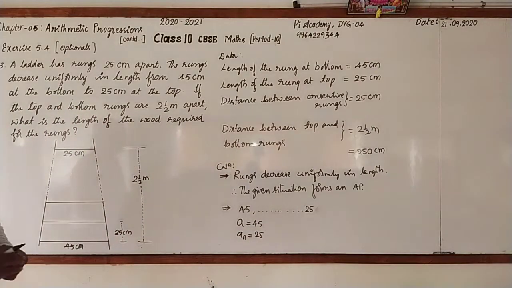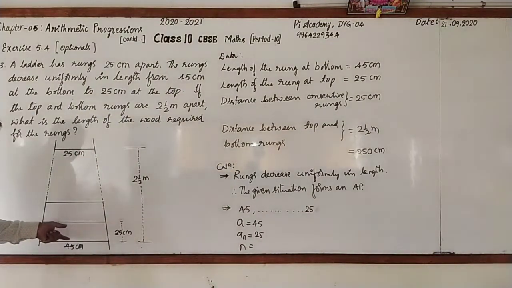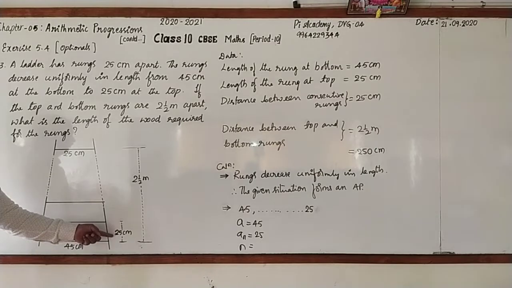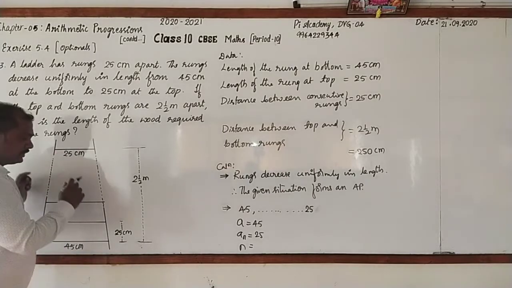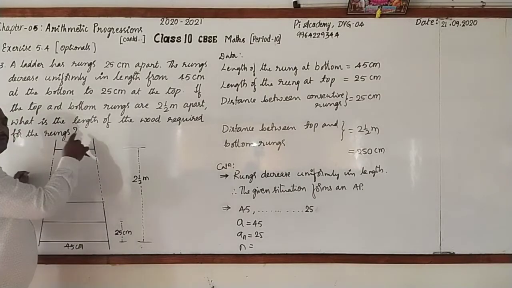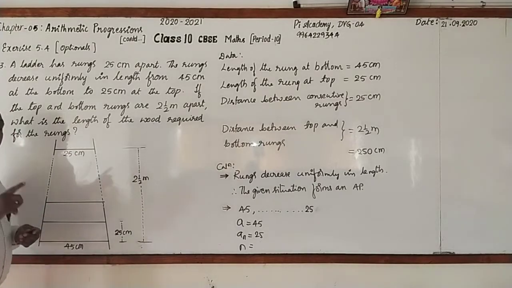Then what about the number of terms? How many rungs are there? Look here. Here the distance between two rungs is 25 centimeter. Then from the first rung to the last rung, how much? See, 25, 25, 25, 25. How many? Will you say that it is 10? Of course.